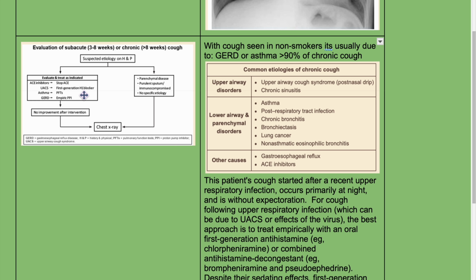Asthma, then you do pulmonary function test. If they have GERD, then you do empiric PPI. If there is no improvement even after these interventions, then you do chest x-ray. On the other hand, if they have a history of parenchymal disease or purulent sputum, or they're immunocompromised, or there's no specific etiology, you go straight to chest x-ray.